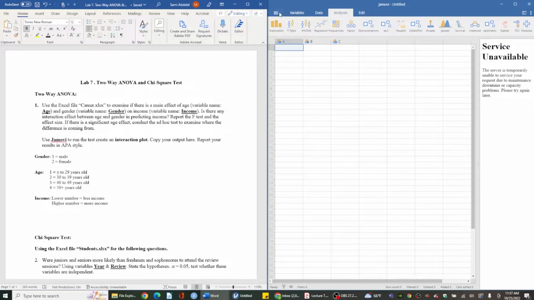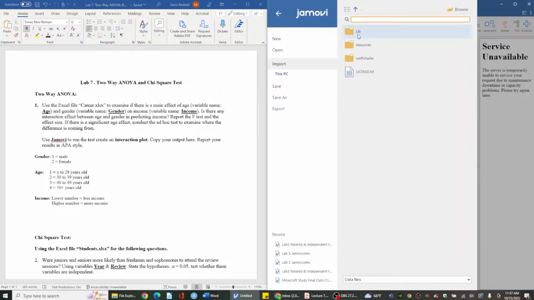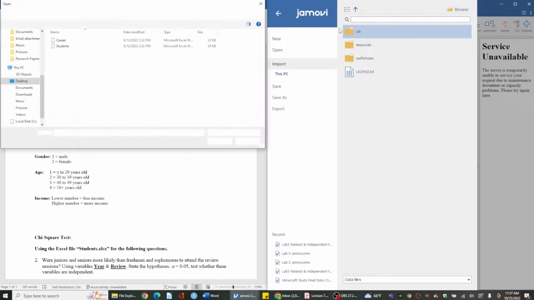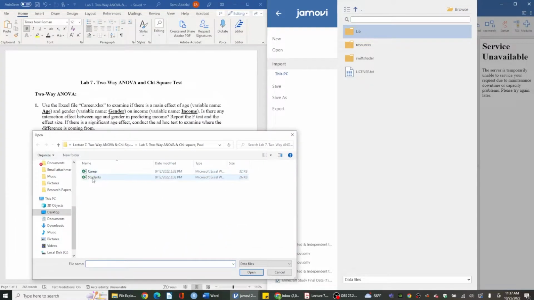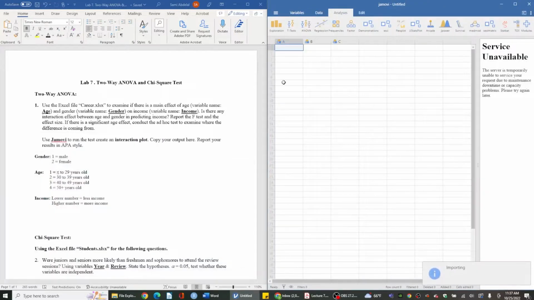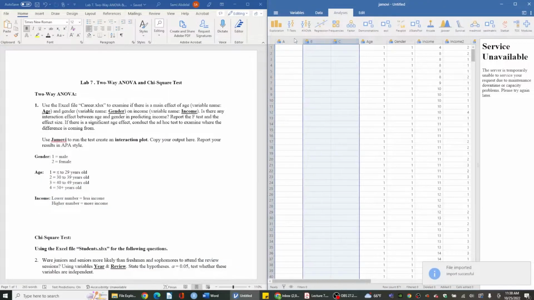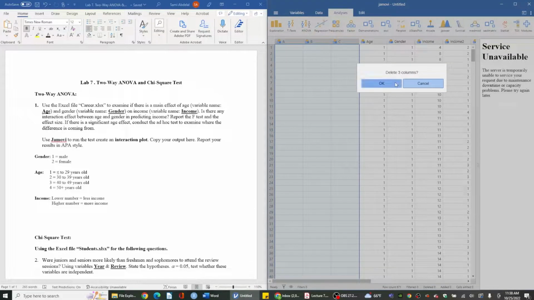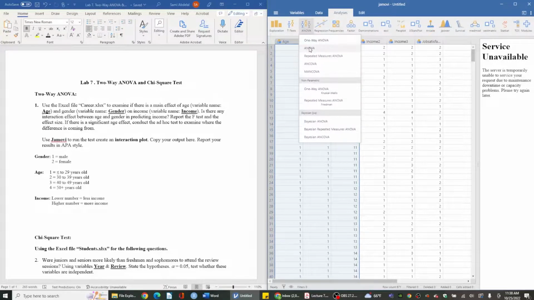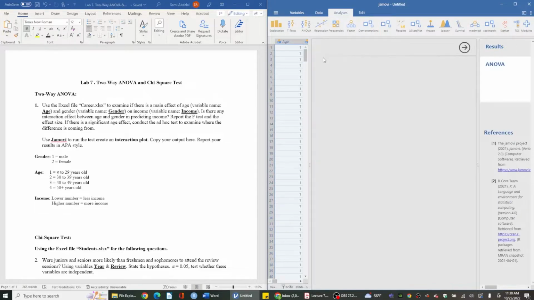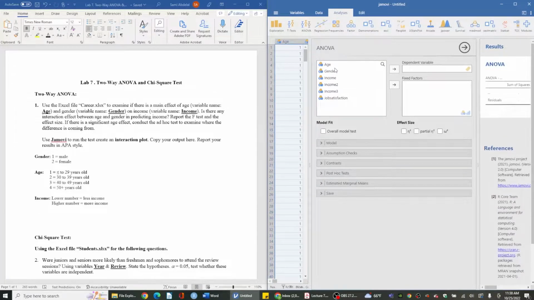So first, we are going to import our data set, and it is career. I'm just going to delete these columns so you guys can see everything. And then we have all of our variables here, right? So we are going to run an ANOVA, and it's going to be a two-way ANOVA.